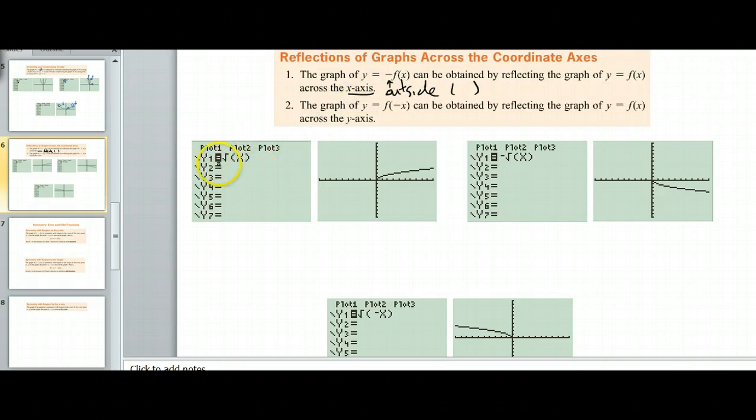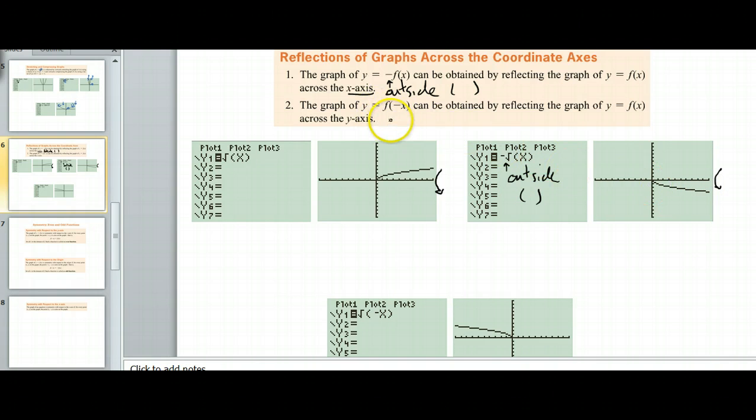So notice here there's no negation going on inside the parentheses. This is outside. Alright, and what does it do? It flips the graph over the x-axis. Alright, and we end up down here.